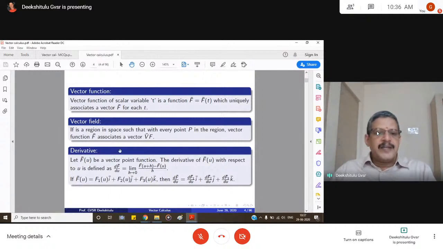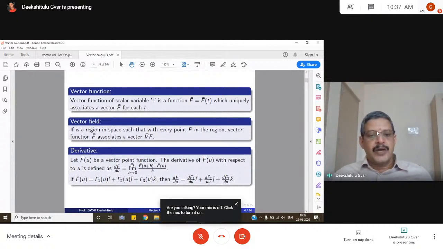The first idea is the derivative, the vector derivative. Let f bar of u be a vector point function. Then the derivative of f bar of u with respect to u is defined as df by du equals limit h tends to 0 of f bar of u plus h minus f bar of u, by h. The definition is very similar to your ordinary derivative dy by dx.